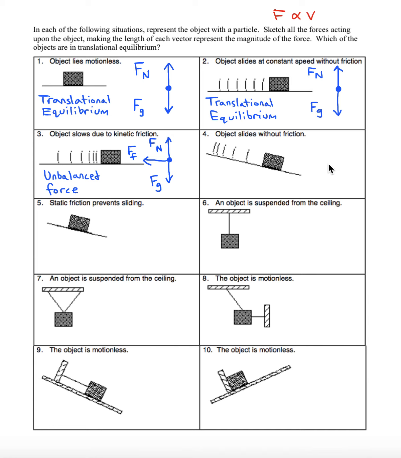Now on a ramp, things are a little different. Gravity still pulls directly downward. However, sometimes people want to put the normal force straight up. But that actually isn't right according to the mathematical definition of normal.